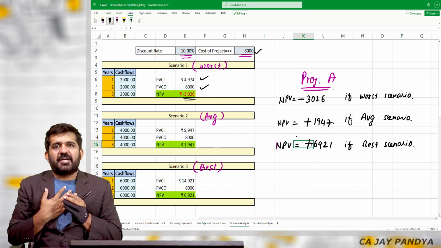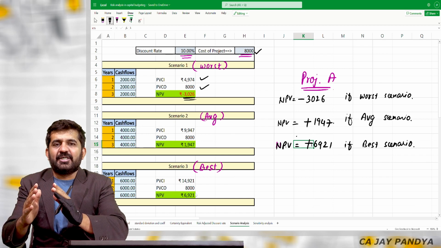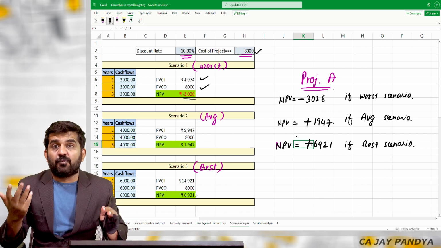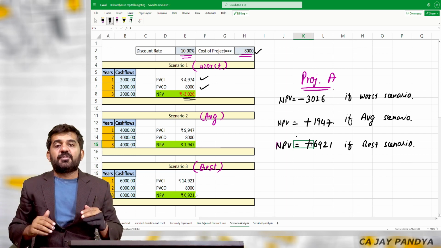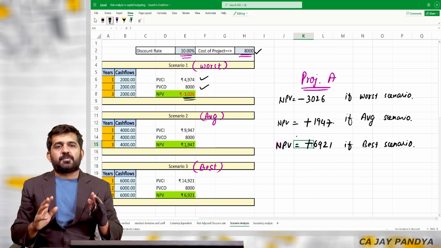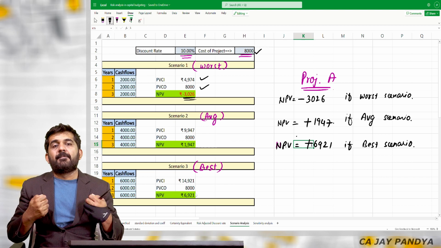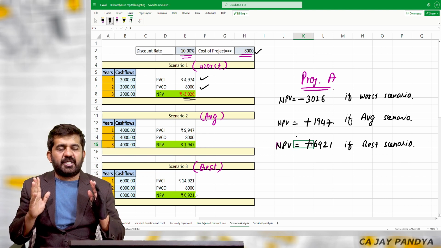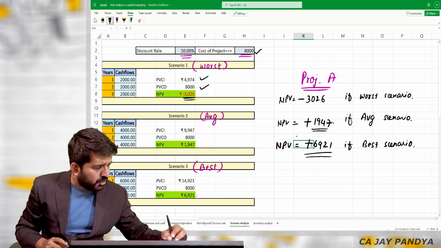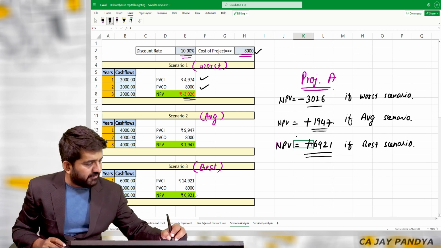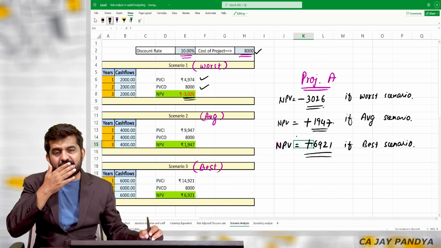You are a chartered accountant, you will present to your CEO that if there is a worst scenario, the project is not financially feasible. If there is an average scenario, the project is financially feasible. And if there is a best scenario, the project is financially feasible, having an NPV of 6921. Best scenario 6921, average scenario 1947, worst scenario minus 3026.